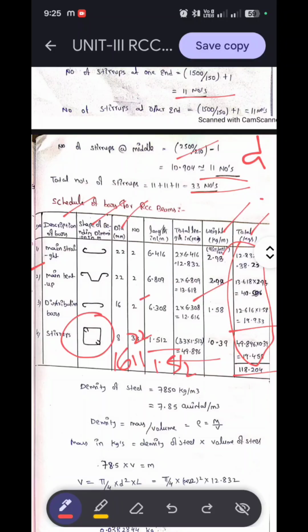Next, 16 mm dia of the bar weight, both here and here, 11.93 plus 19.93, so the value was 40.83. Next, the last one, 8 mm dia, it is 11.53. So all dias are separate and the weights are separate.